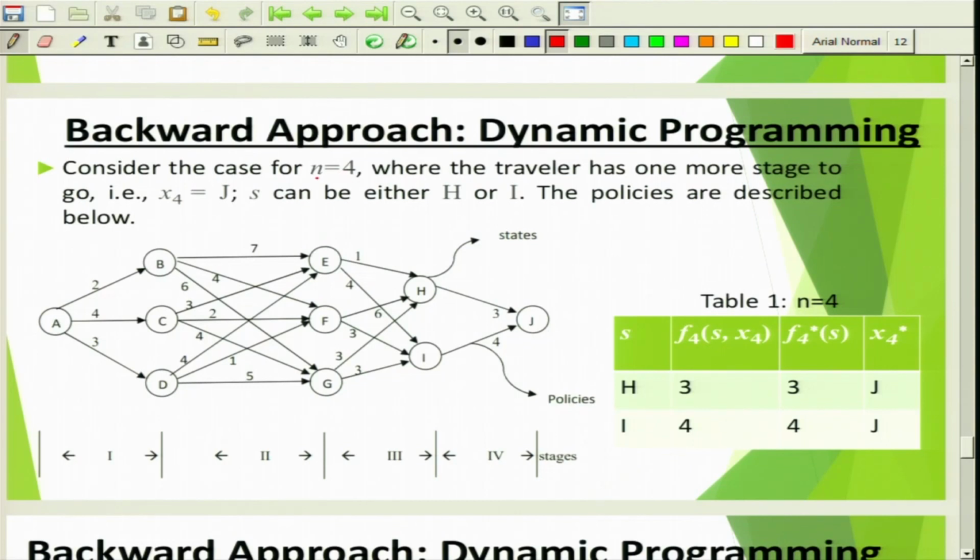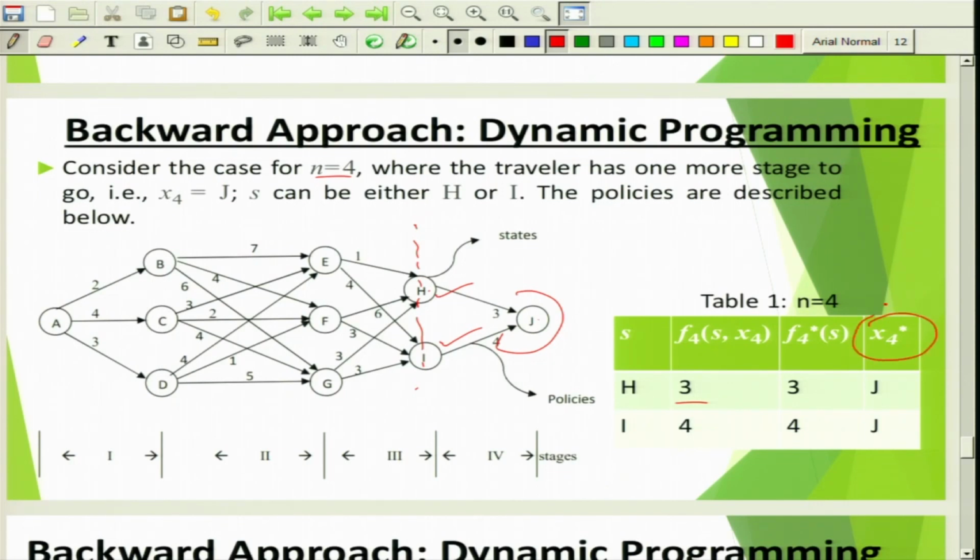Consider the case for n equal to 4, where the traveler has one more stage to go, that is x4 is equal to J, the final destination. S can be either H or I. Now this is my current stage, and how many states do I have? H or I. The overall cost to move from state H to state J is just 3, and that is the most minimal cost because you do not have any other way to go, so you freeze J as the point.